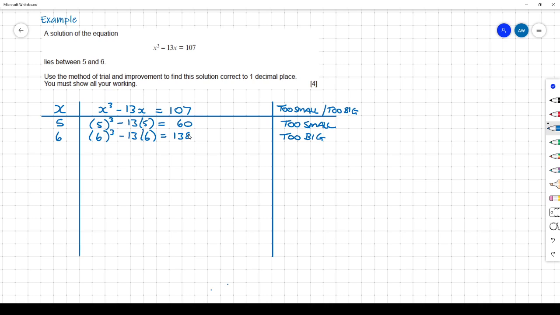So what we need to do now is to start trying numbers between 5 and 6. Now normally in the exam this is where you would start, because they've told you that the solution lies between 5 and 6, so you start halfway between them. And halfway between 5 and 6 is of course 5.5. And we are going to substitute that value in now.